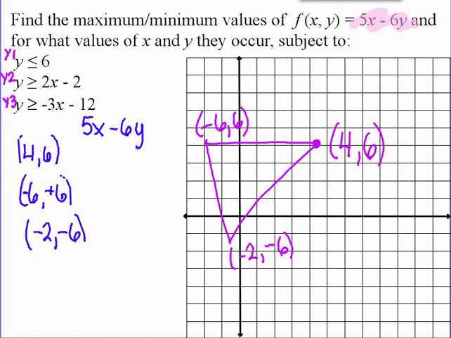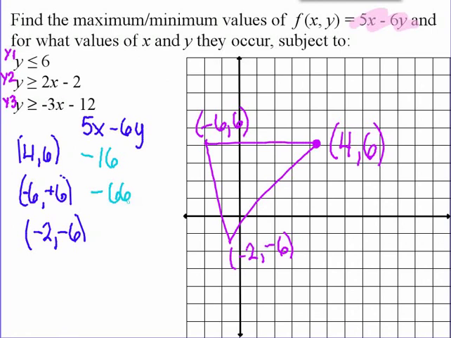Plugging in 4 for x and 6 for y on my first one, what value do I get? Negative 16. If I plug in negative 6, 6, I get negative 66, because it comes out to be negative 30 minus 36.